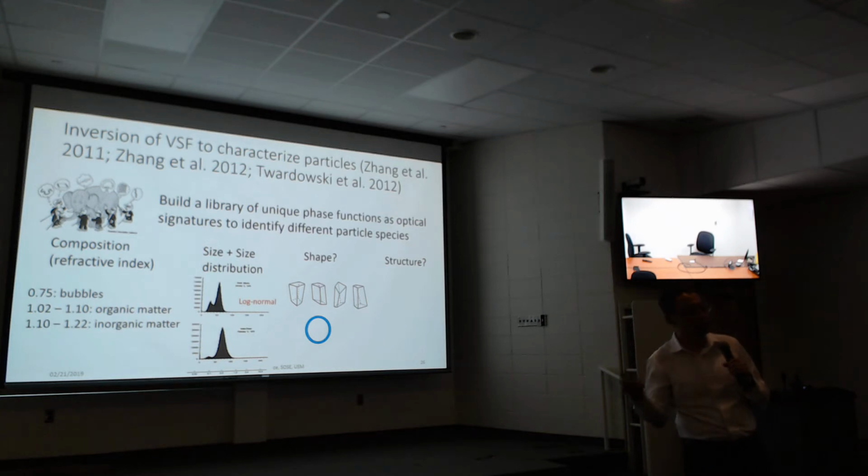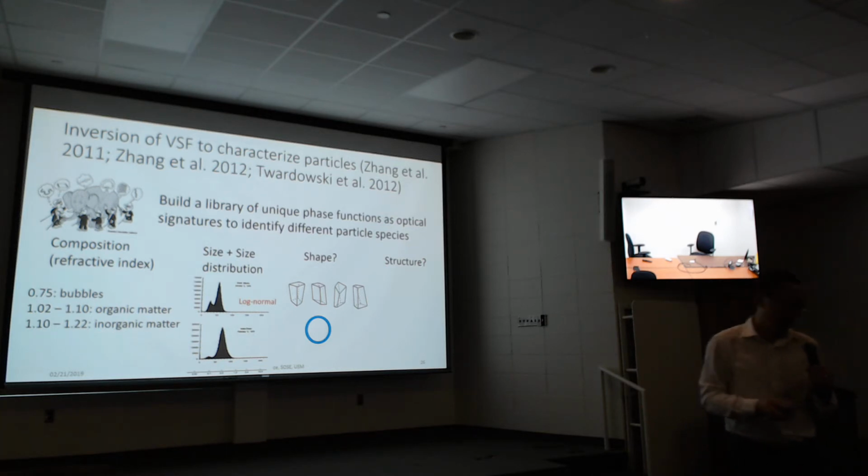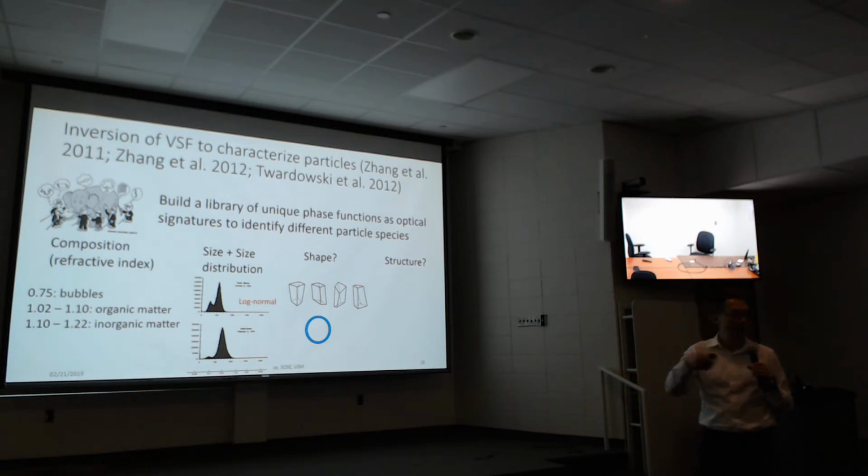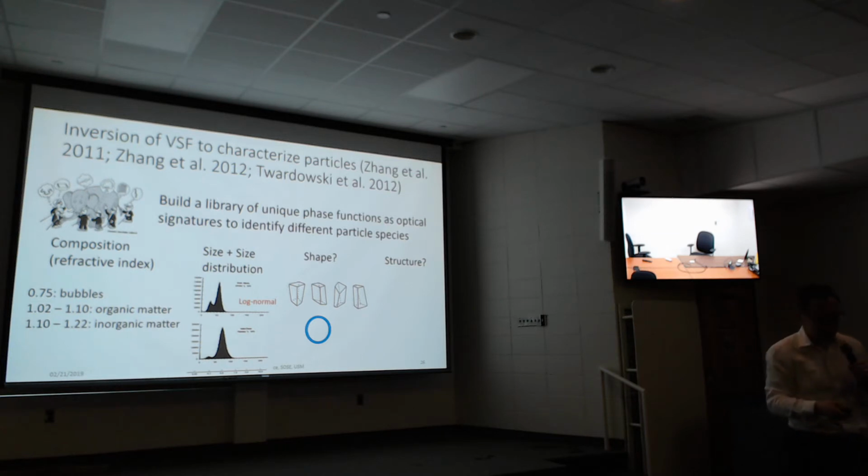You may ask why we pick this shape. Studies showed that using this shape, they can simulate aerosols, the little particles in the air, pretty well. So we use this shape to represent the general shape. And for bubbles, we just use a sphere with a coating to represent the bubbles.